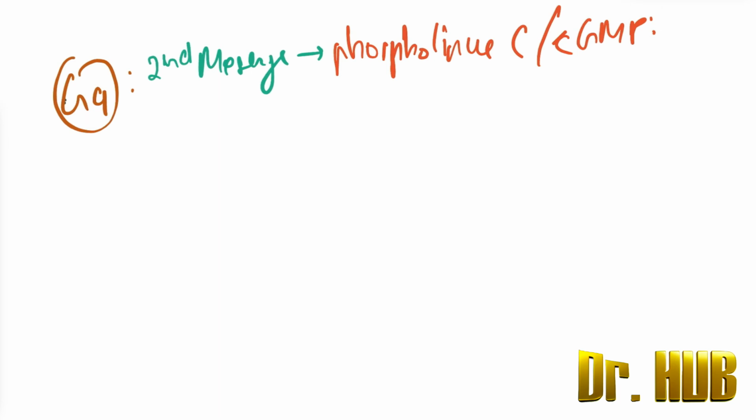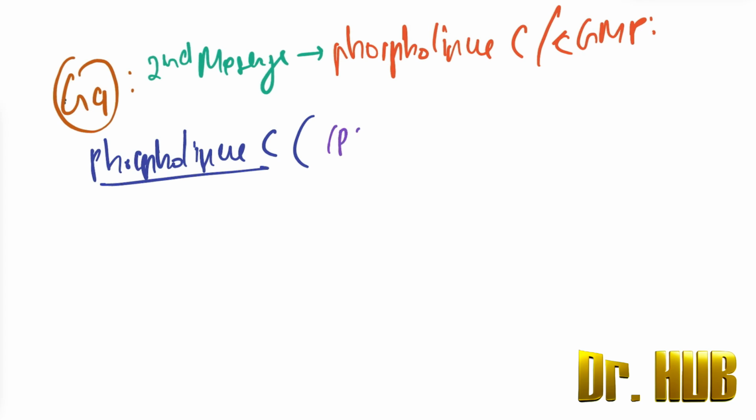So what does it include? Phospholipase C includes the IP3 DAG pathway.